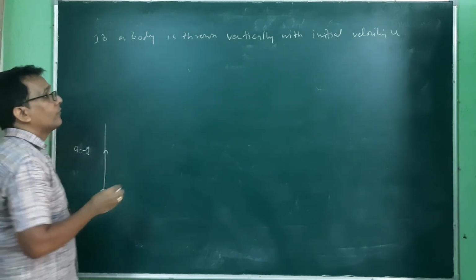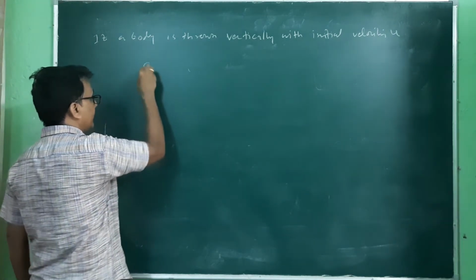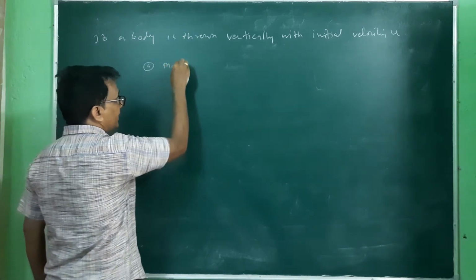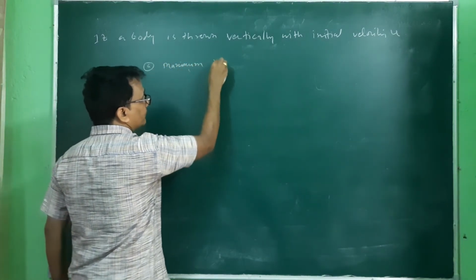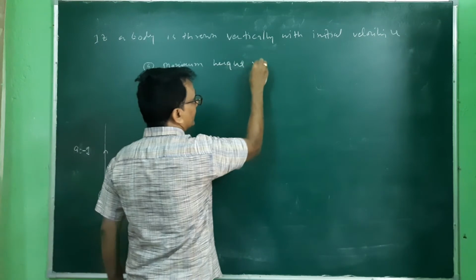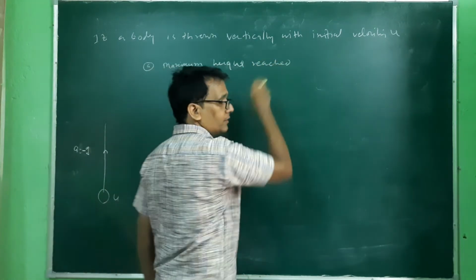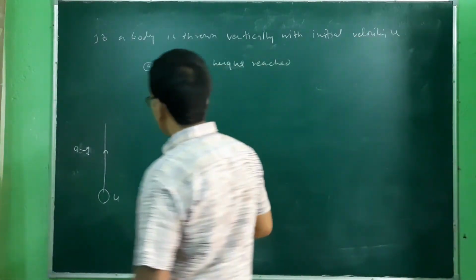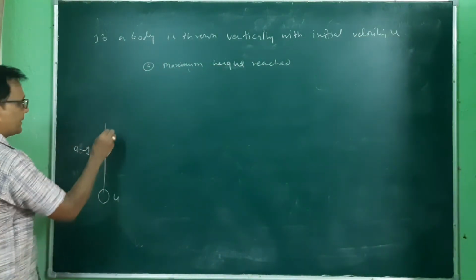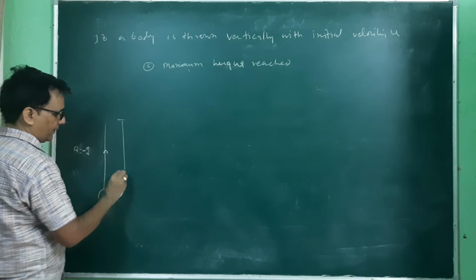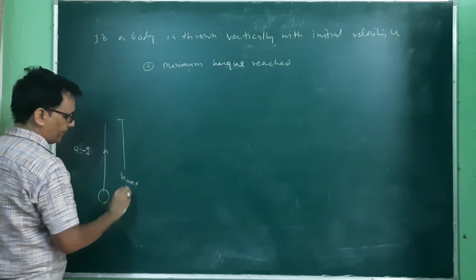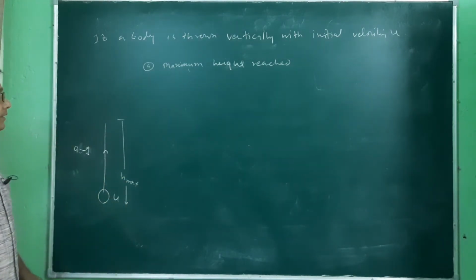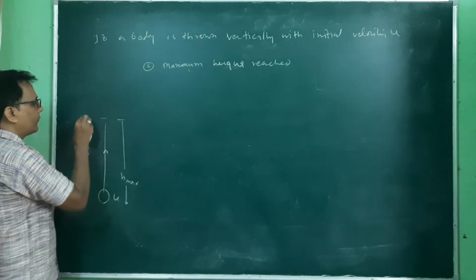So first we can calculate the maximum height reached. Here at maximum height, let's say h maximum, at that particular height the velocity v is equivalent to 0.